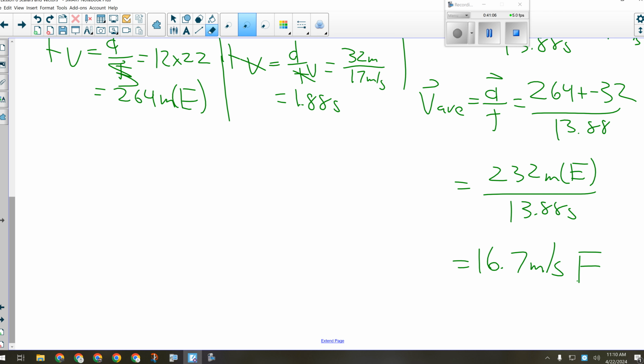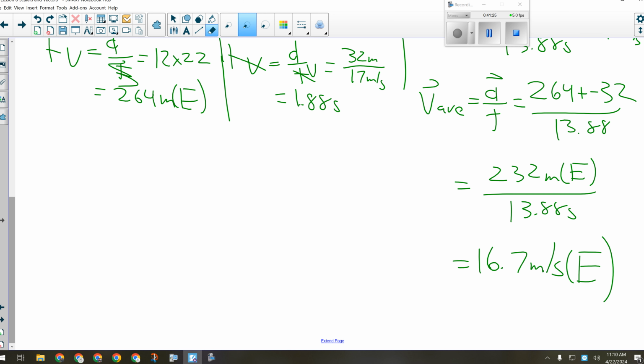How important is the east? If you want to mark for your final answer, it's important. If you don't have that on there, then it's speed and it's not velocity, and you didn't give me what I asked for and it's wrong. So on a vector quantity, you definitely need to include the direction.